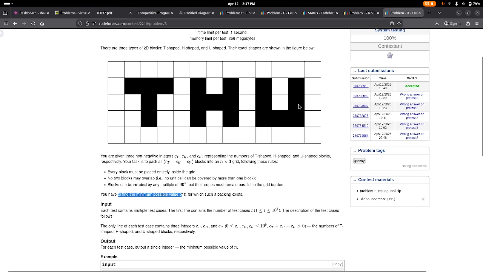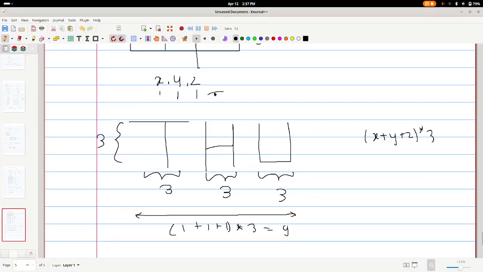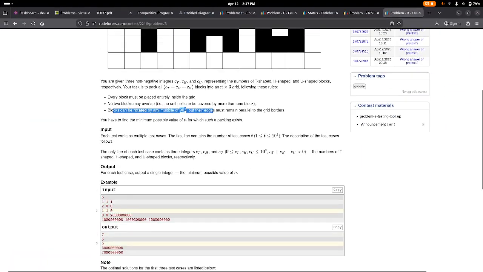One rule I was thinking of was this: blocks can be rotated by any multiple of 90. So the most obvious two shapes I could think of were T and U. And mind you, the answer for this test case is 7, as it is given over here. 1, 1, 1. The answer is actually 7.